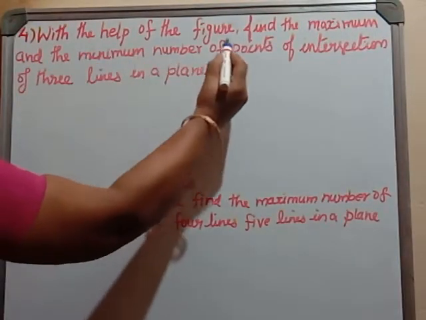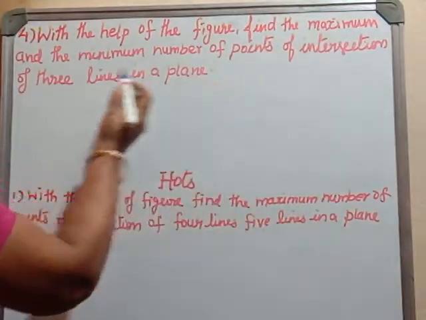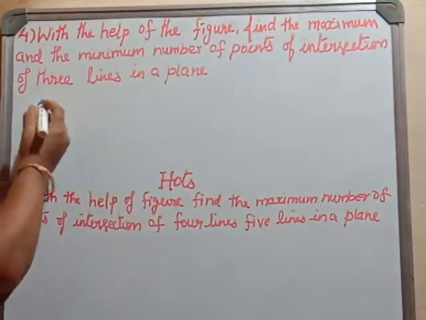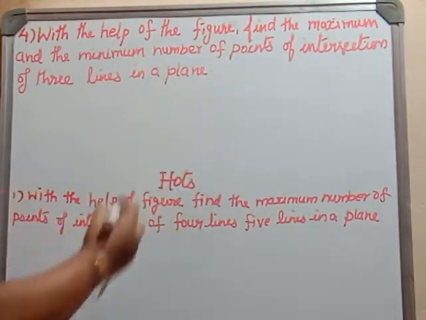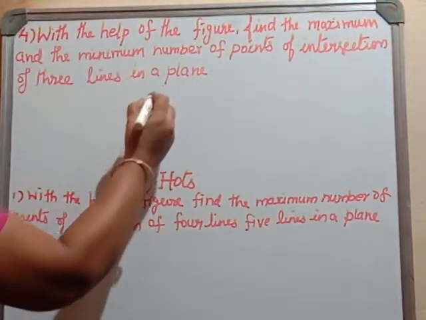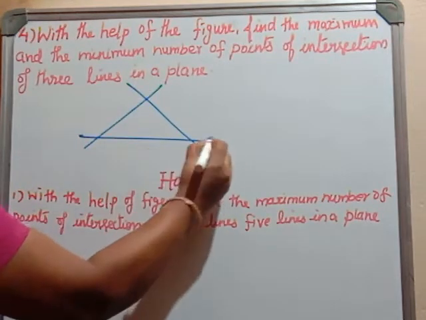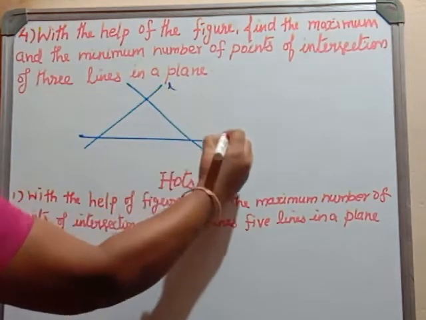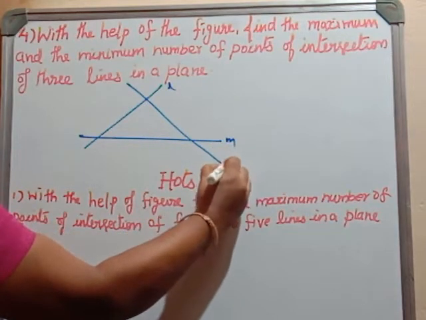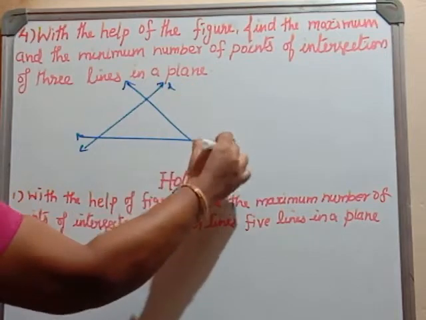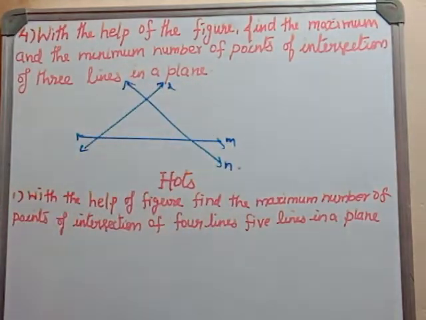With the help of the figure, find the maximum and the minimum number of points of intersection of 3 lines in a plane. They are asking to draw 3 lines intersecting. I'll give the names L, M, N. Now these 3 lines are intersecting.